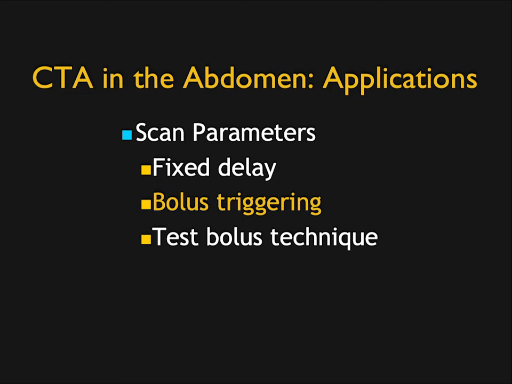Now, when I want to look at the abdominal aorta or the branch vessels of the aorta, everything is related to the acquisition. Timing is critical. Whether you use a fixed delay or bolus tracking, you need to time things correctly. Bolus tracking at the level of the diaphragm, let's say, works very nicely.